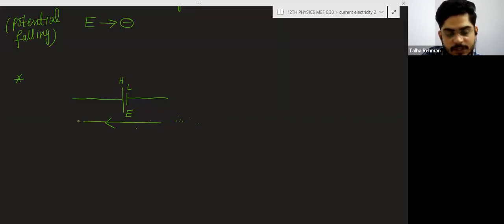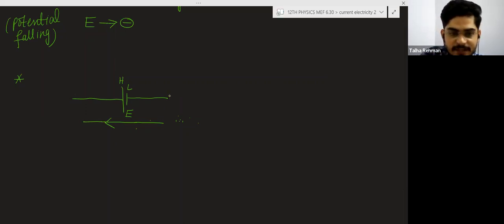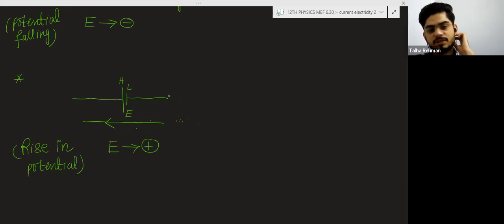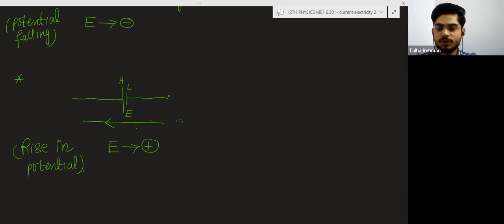If you are moving in this direction, you are moving from lower to higher potential, which means the potential is increasing, a rise in potential. Then you will take this E as positive because there is a rise in potential. So these are the conditions for the cell. In a cell, either you will move from higher to lower potential or from lower to higher potential.